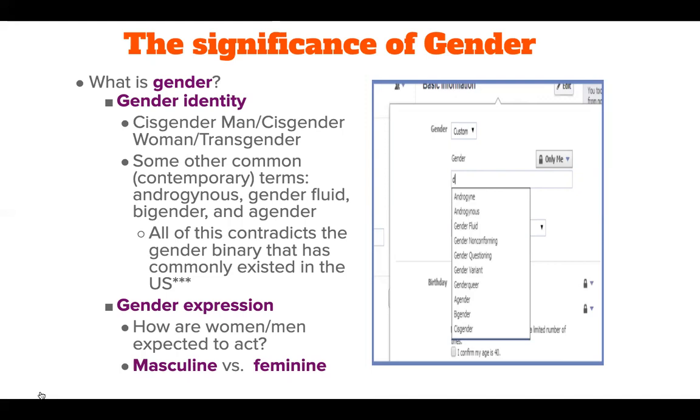And then the second part of the gender concept is gender expression. How are you supposed to act? How are you supposed to express and present yourself? And the terms that we associate there, once again, used to be along a perfect binary. You were masculine and you were feminine. Men were masculine, women were feminine.